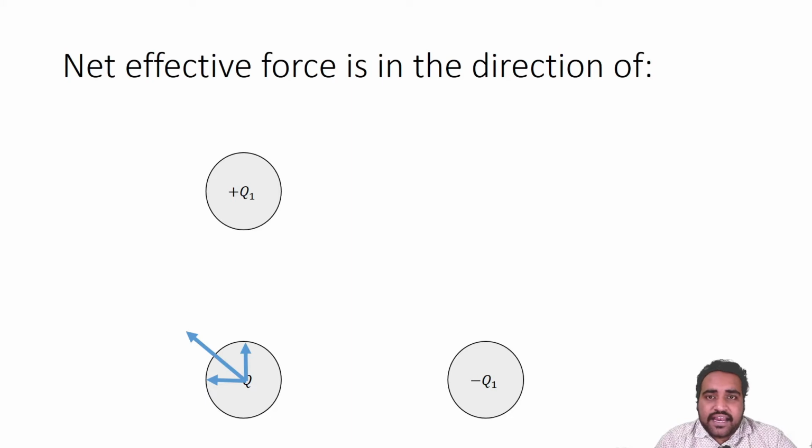Let us again consider the principle of superposition, that if there are two forces acting on a body simultaneously, then the net force is the sum of the individual forces when the others are nullified. So now for the first scenario, let us nullify this force.